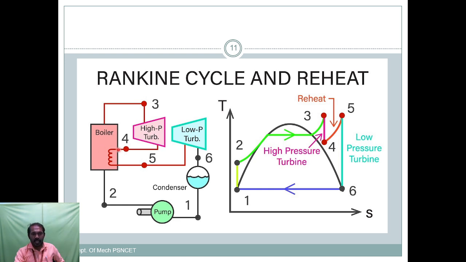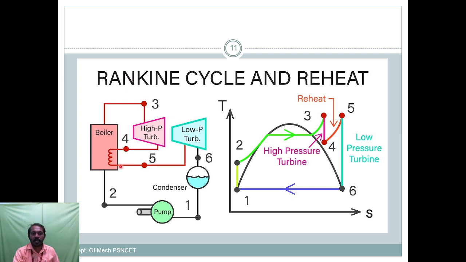So the boiler again maintains constant pressure, but the temperature increases. Temperature increases, pressure is constant.